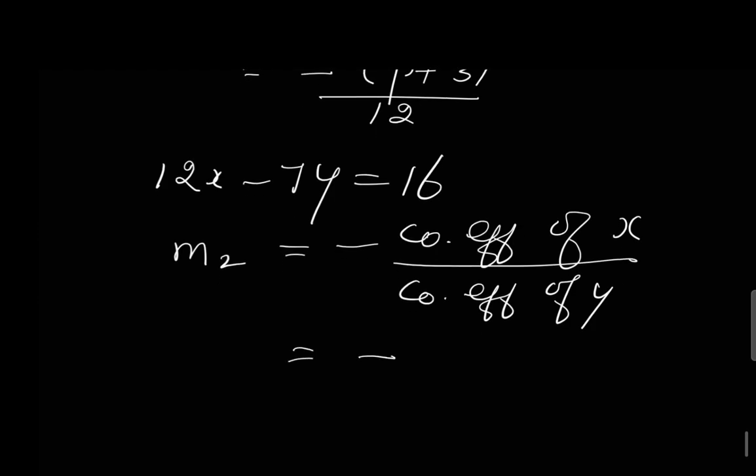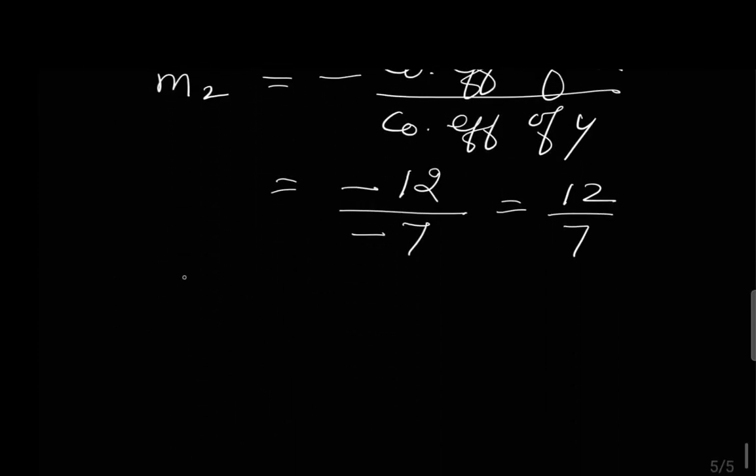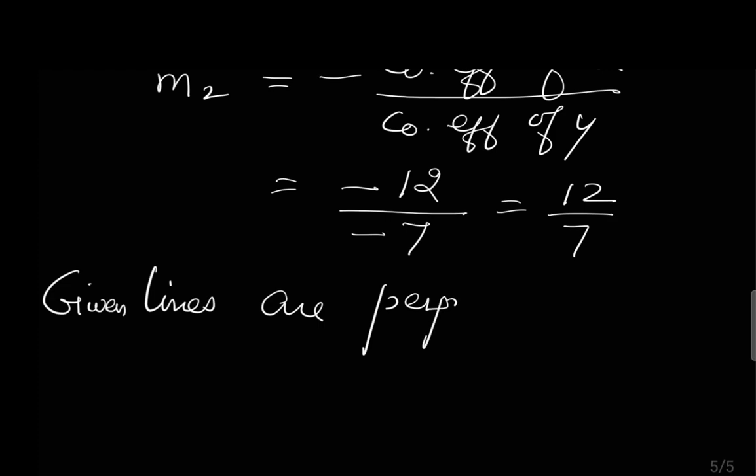So minus coefficient of x is 12, divided by coefficient of y, which is minus 7. That is 12 by 7. See, given the lines are perpendicular.